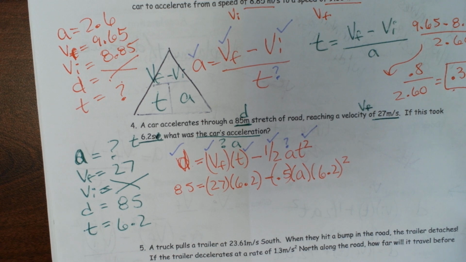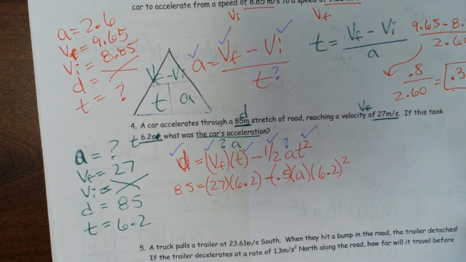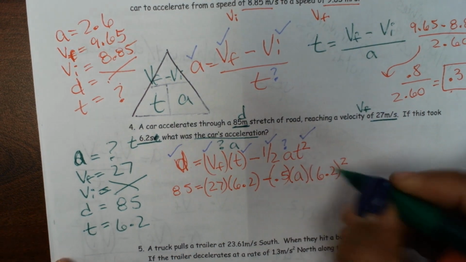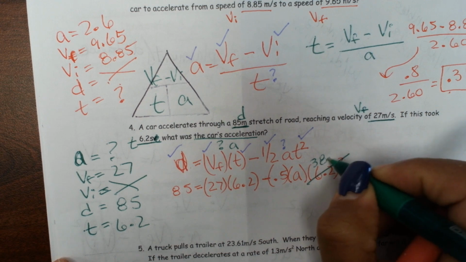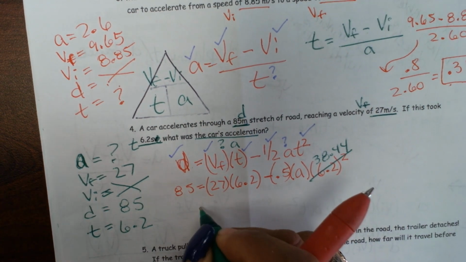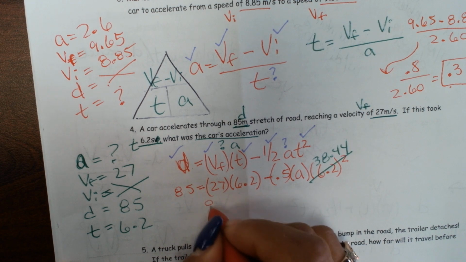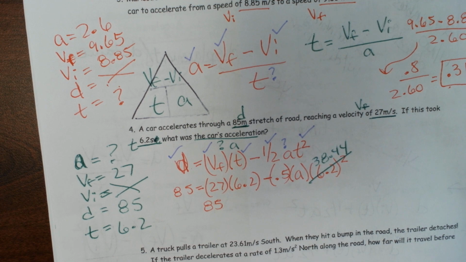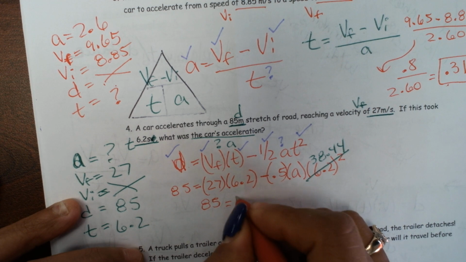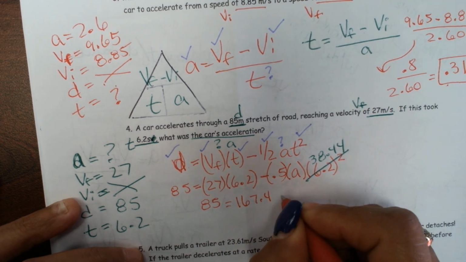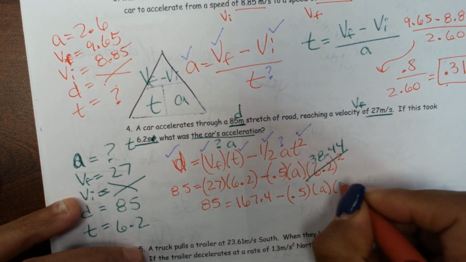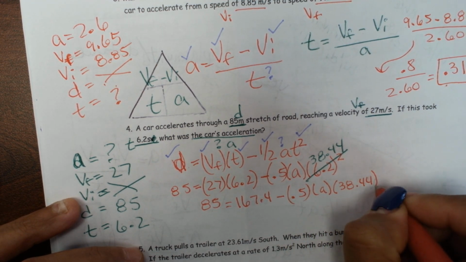Okay, so let's go ahead and solve this. 6.2 squared is 38.44, so let's plug that in. 38.44. So now it should look like this. 85. Let me go ahead and multiply those two numbers so I can simplify this equation a little bit more. 167.4 minus 0.5 A times 38.44.